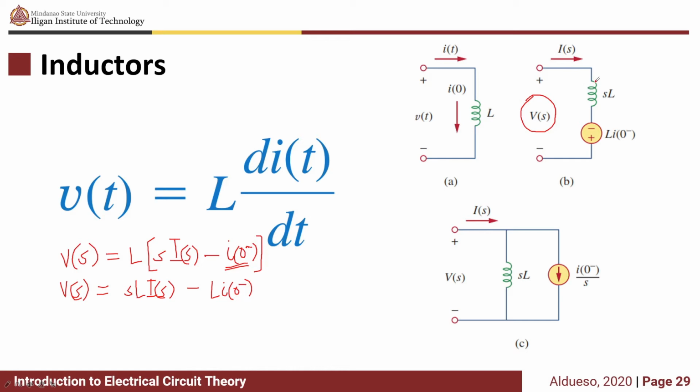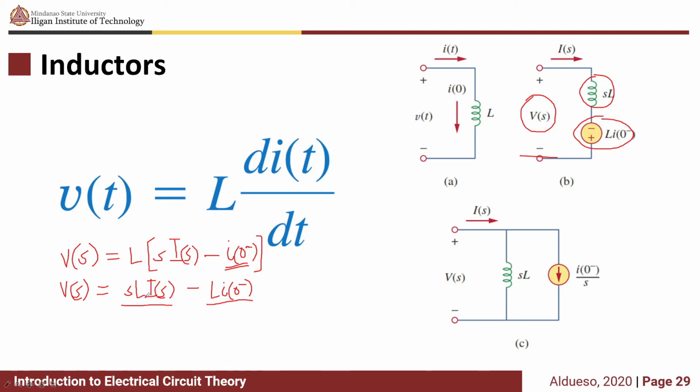We have this impedance sL times I(s) right here. The voltage across this inductor is just sL times I(s), which is this term. And then we have an equivalent voltage source with polarity negative, positive, and magnitude of L times i(0-). So this component is this term right here.